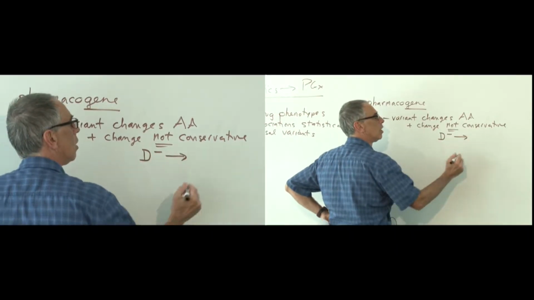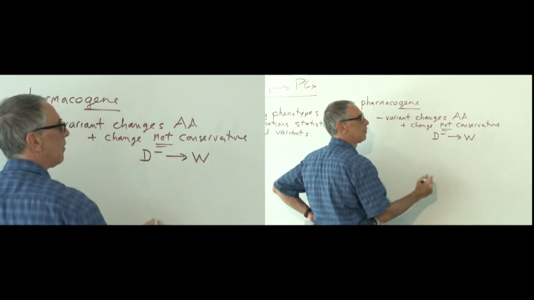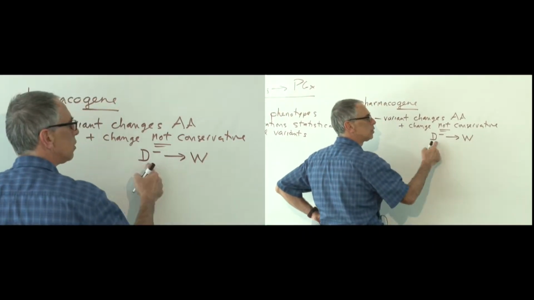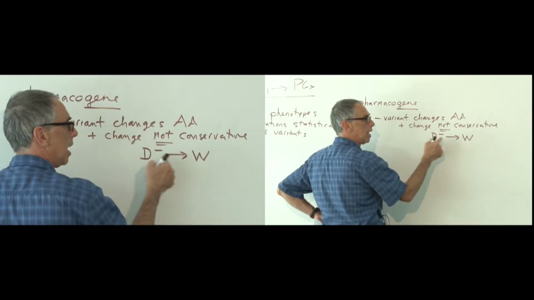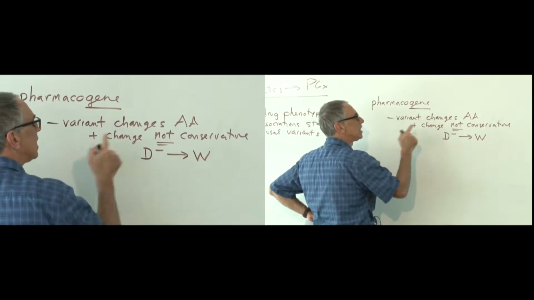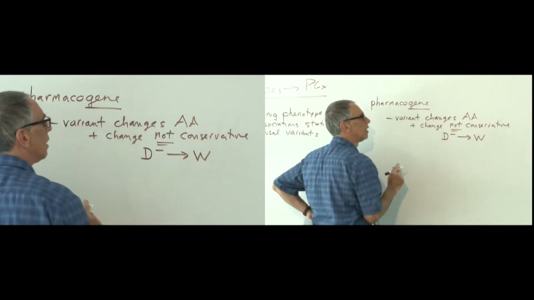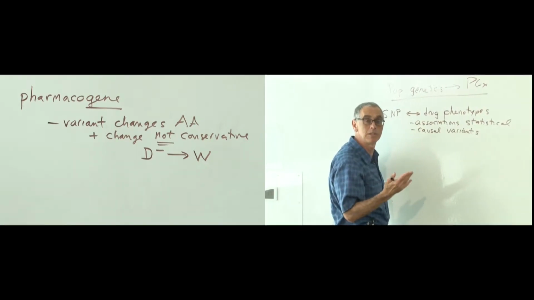If you change it to the amino acid W, which is tryptophan, it's very hydrophobic. This would be a big deal. This is much bigger than this, and it's uncharged versus this. So if it's not conservative, and if it's in the amino acid coding region, that would increase the chance that it's causal, but you still need to do experiments to prove that.